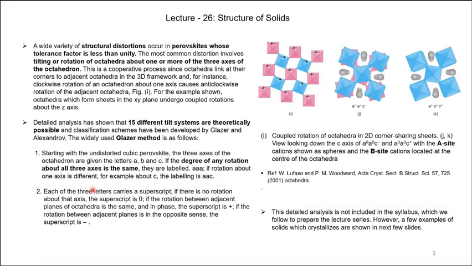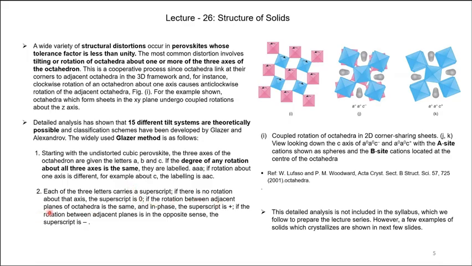Another assumption is that each of these letters carries a subscript. If there is no rotation about that axis, we call it zero, for example A0. If there is rotation, then we see what type of rotation it is.